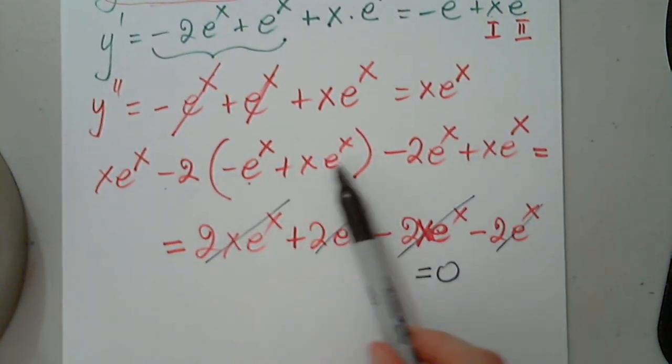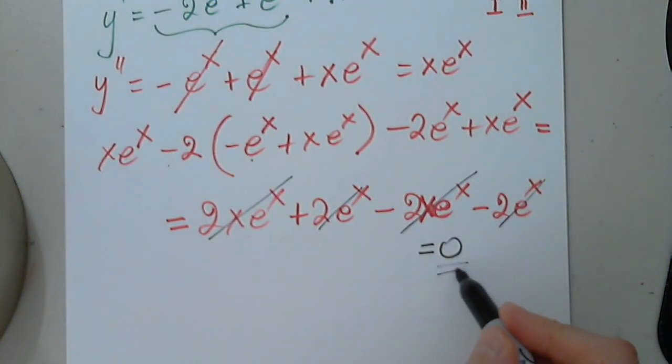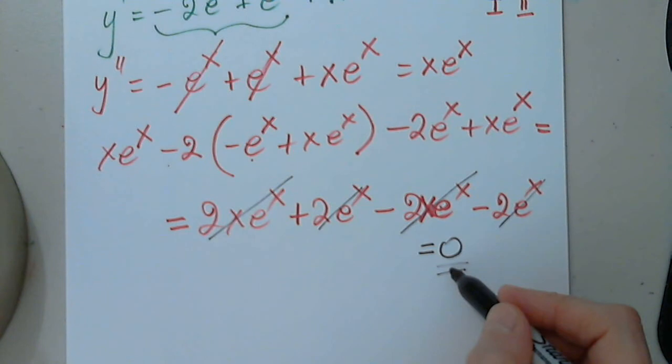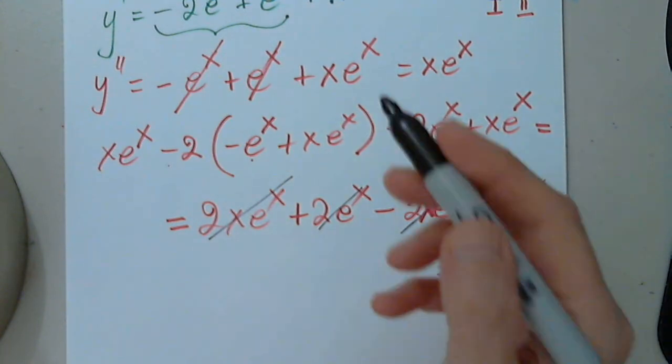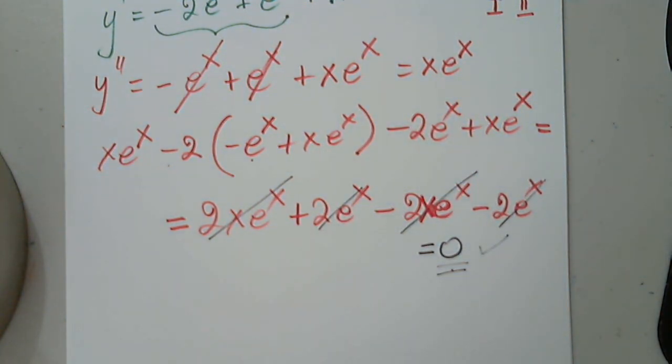I simplify step by step everything, and it turns out that I got exactly what I was supposed to. Since I got 0, I go back to the function and say, yep, it works. It is a solution of the given equation. Any questions on this?